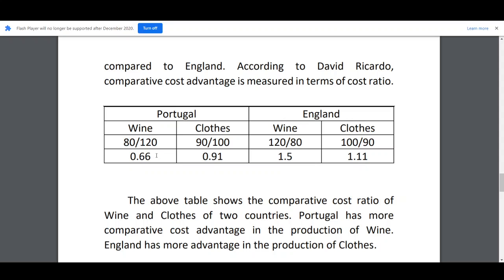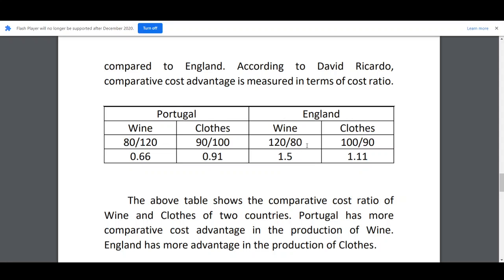Isn't it? So here, which commodity will Portugal produce more? Portugal will produce more the commodity in which the cost is less. Portugal has more comparative cost advantage in the production of wine. Isn't it? Because 0.66 here and 0.91 there. So, Portugal has more comparative cost advantage in the production of wine.